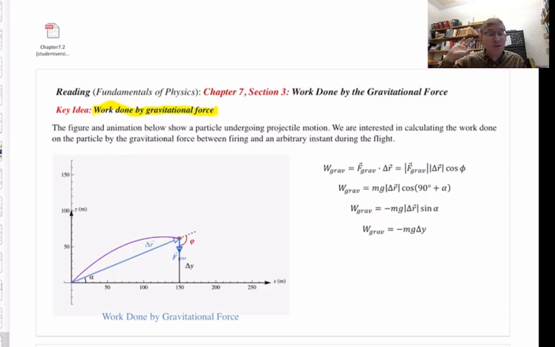After that, we don't touch it. We're going to ignore air resistance, and so the only force acting is F-grav, and the soccer ball will fly through the air along a parabolic trajectory. Projectile motion, chapter 4. How do we calculate the work done by F-grav in such a motion?